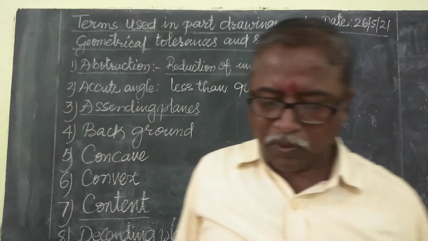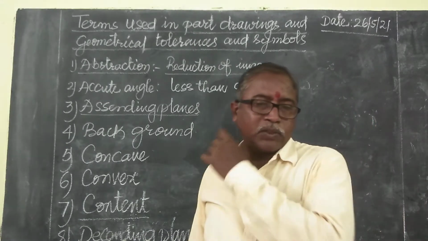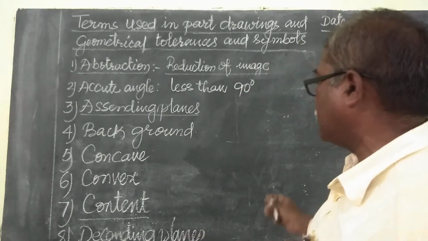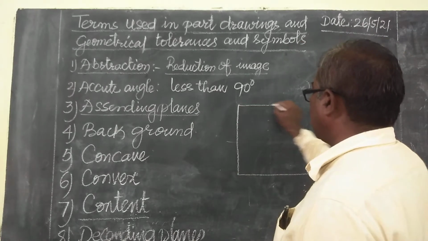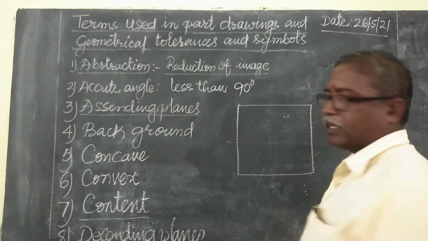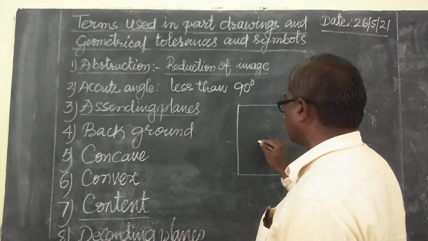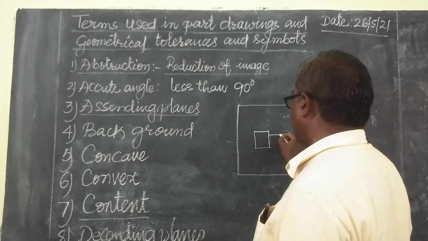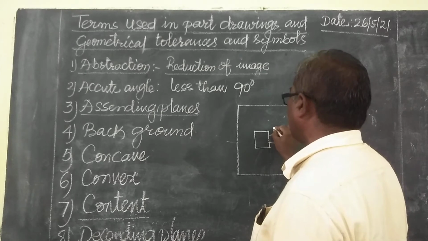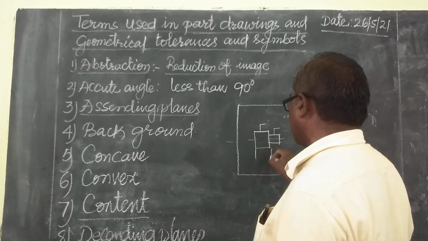Then descriptive drawing, highly detailed. Whenever it is a descriptive drawing, you have to understand everything. The job is given like this: the step is given, then this diameter is given, this length is given, and the total length is given.